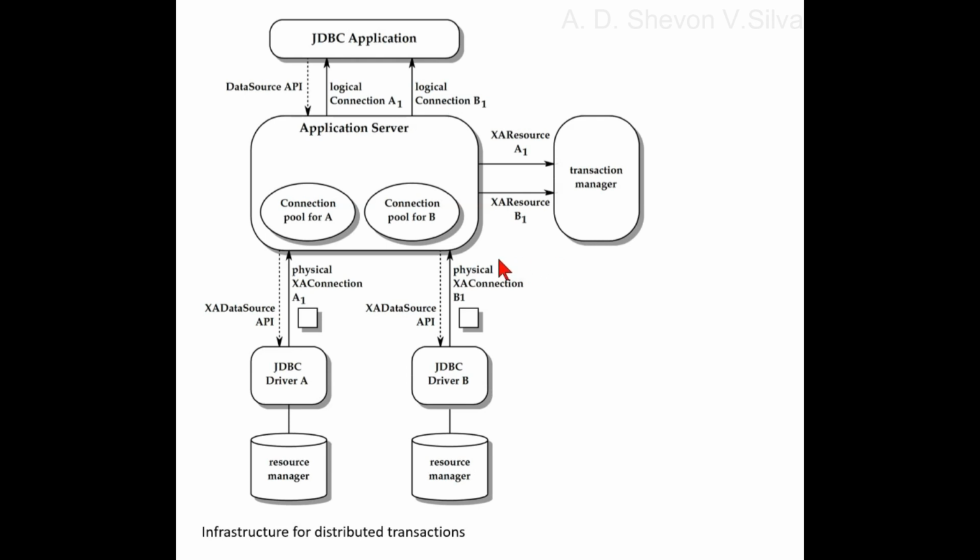At this point, the server will notify the transaction manager so that it can end the transaction branch for the corresponding XA resource object.